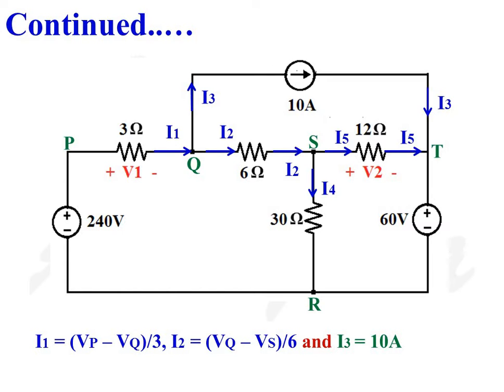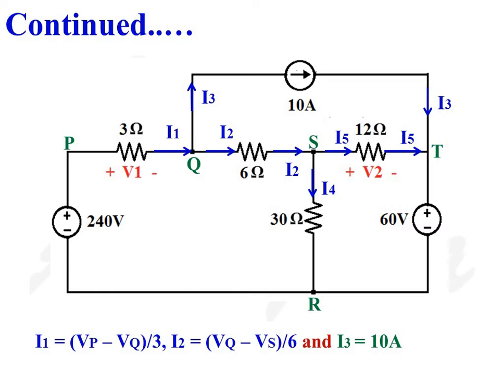I1 is equal to voltage drop across 3 ohms resistance divided by 3. Voltage drop across 3 ohms resistance is given as Vp minus Vq. Therefore, I1 is equal to Vp minus Vq divided by 3.